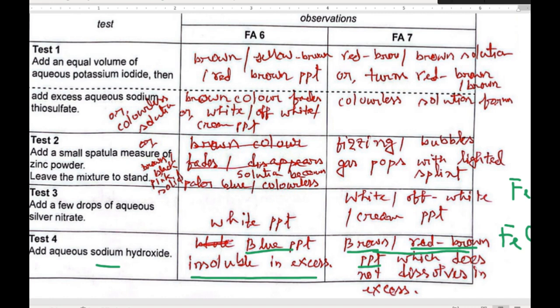If the precipitate dissolves, you write precipitate dissolves. If it does not dissolve, you write precipitate is insoluble in excess or precipitate does not dissolve. And you know here copper 2 hydroxide, blue precipitate means copper 2 hydroxide. Copper 2 hydroxide does not dissolve in excess sodium hydroxide, and iron 3 hydroxide, red brown precipitate, does not dissolve in excess sodium hydroxide.